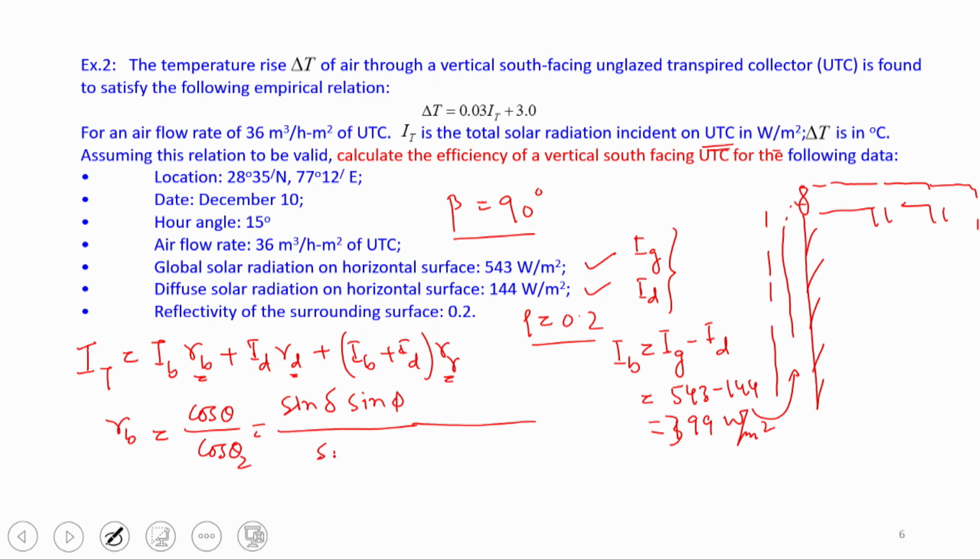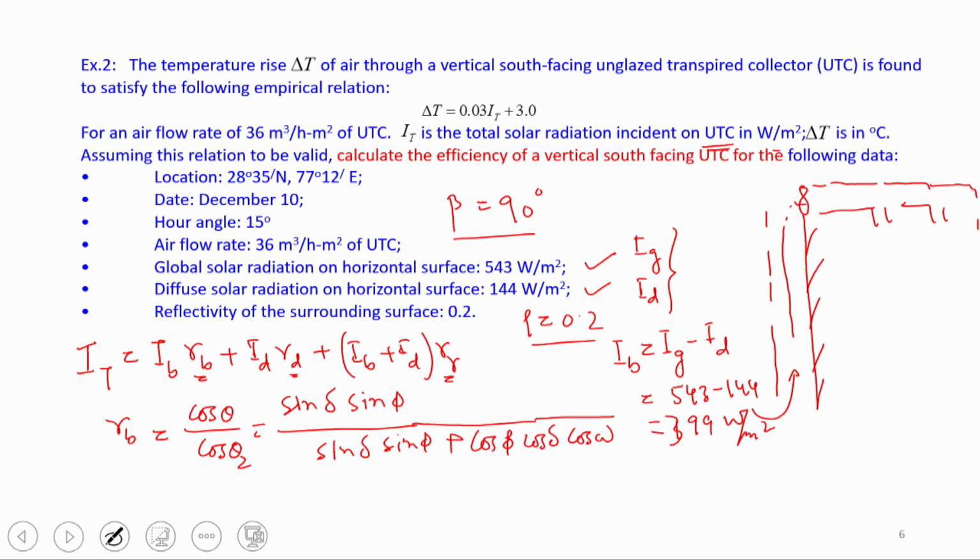Tell me what this value is: sin delta sin phi, then plus cos of phi cos of delta cos of omega.